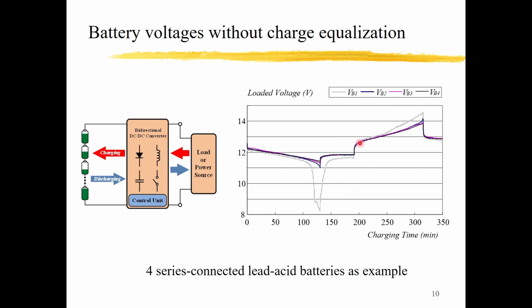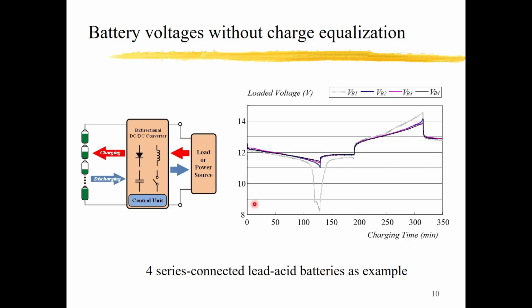In this figure, there is an example of four series connected lead acid batteries. Last week we discussed this kind of battery. It can tolerate overcharge and over discharge. I said we can abuse the lead acid batteries.